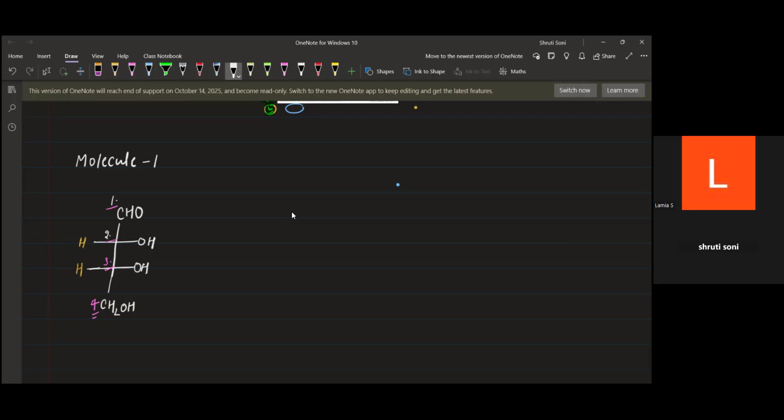After that, we will form a molecule 2. So, how molecule 2 will form?